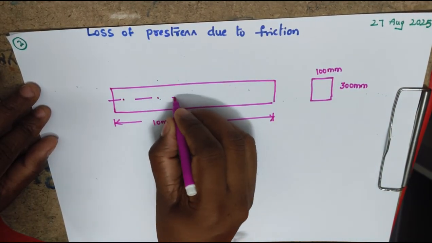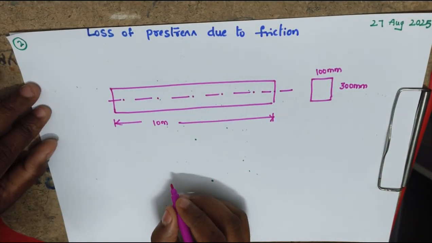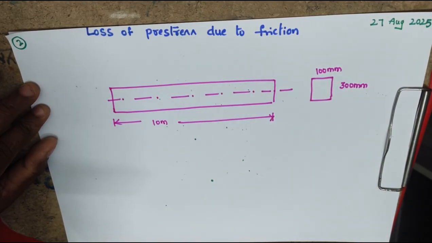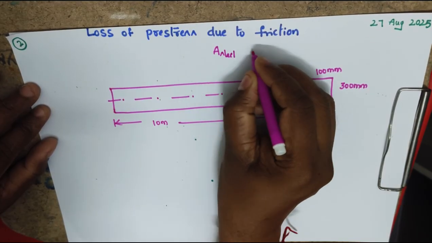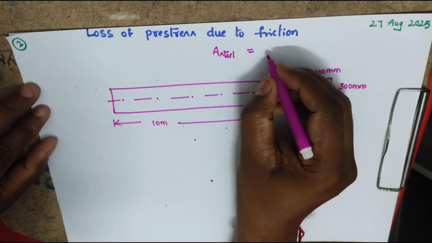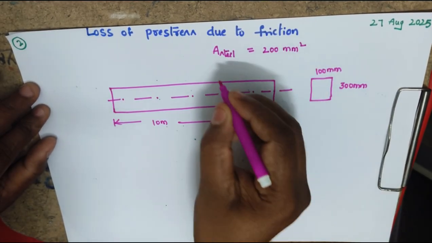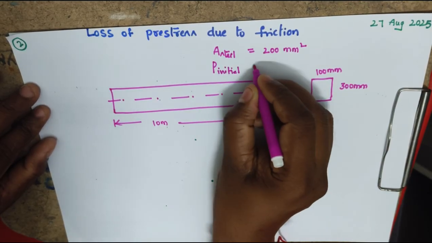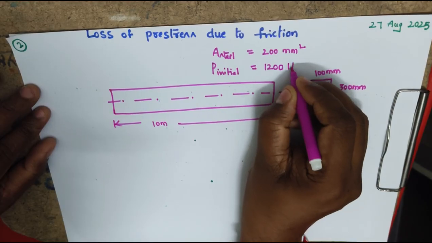This is the central axis of this beam and it is having 3 cables of each area. Each cross-sectional area of the steel will be 200 square and initial pre-stress is 1200 Newton per square, right?